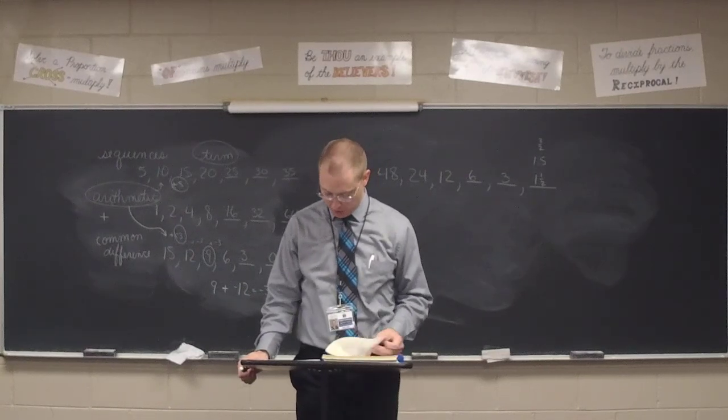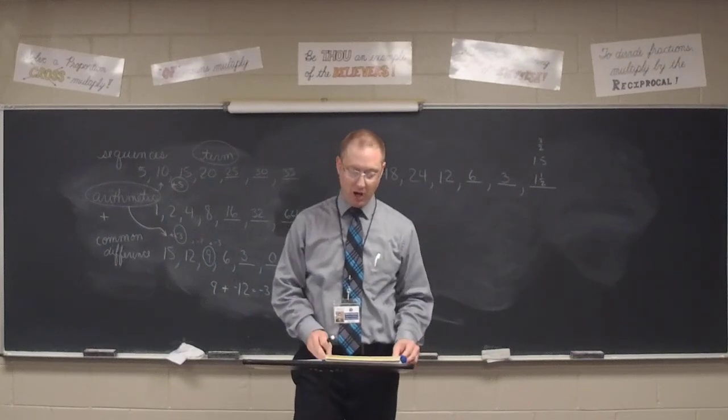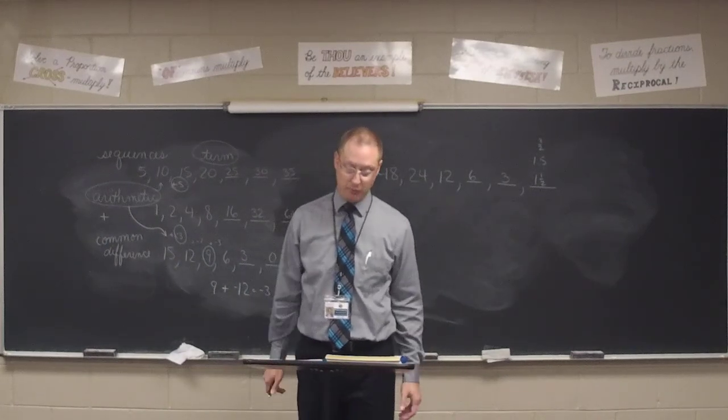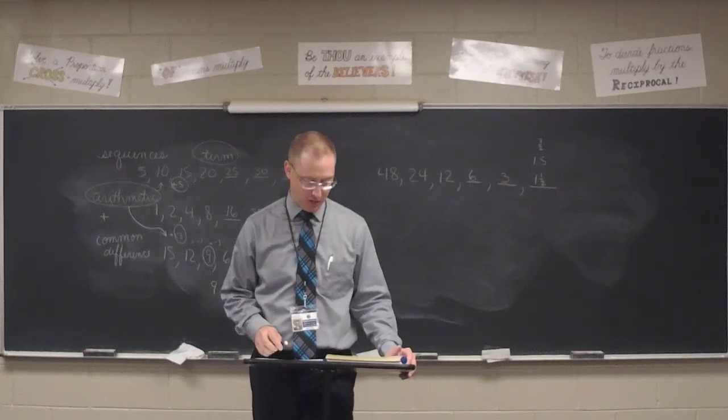All right, turn your textbooks to page 115 and do numbers 1 through 4. Number 1, part A, identify the relationship, in other words, the common difference. And part B, figure the next term.